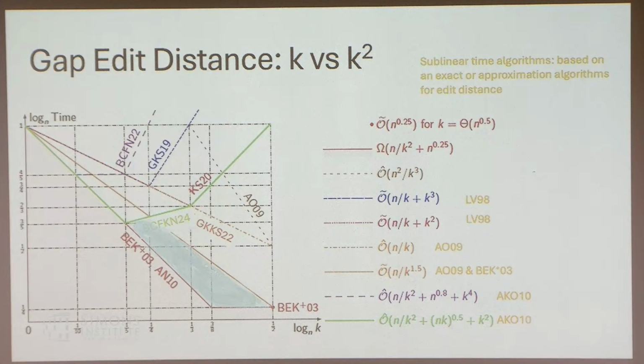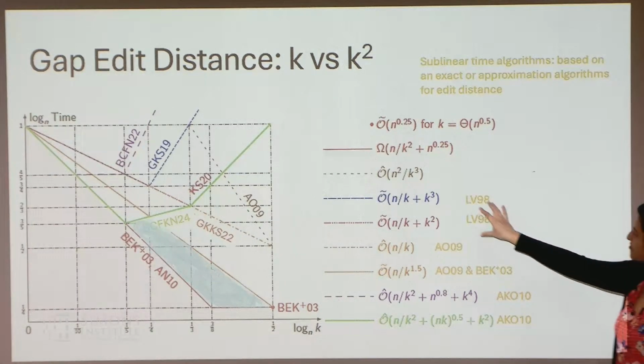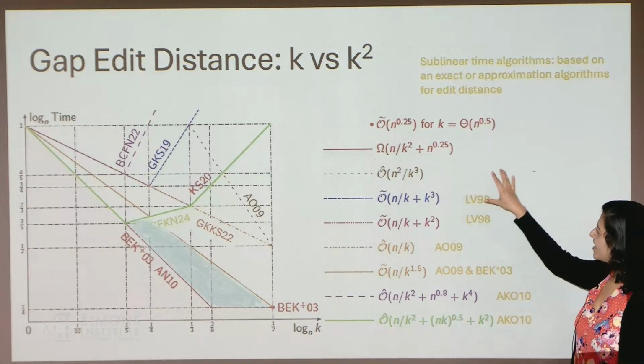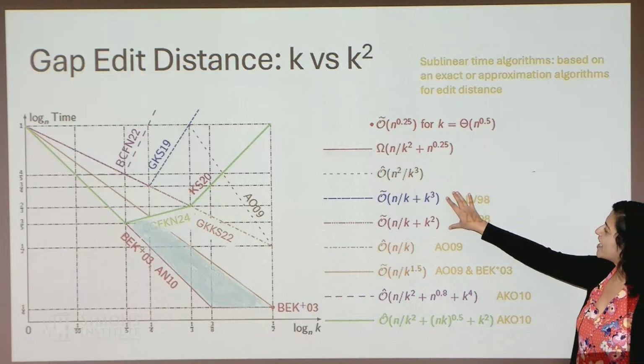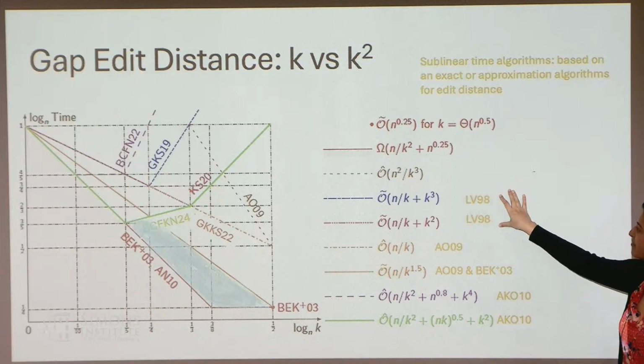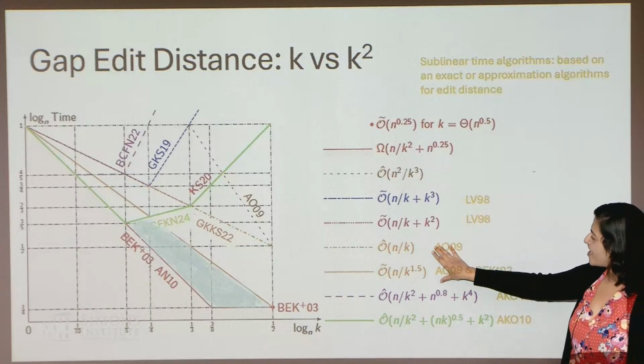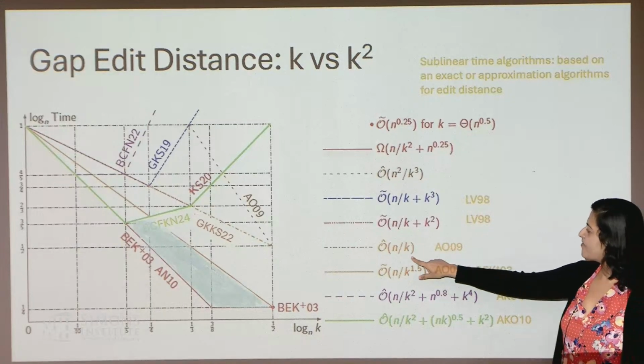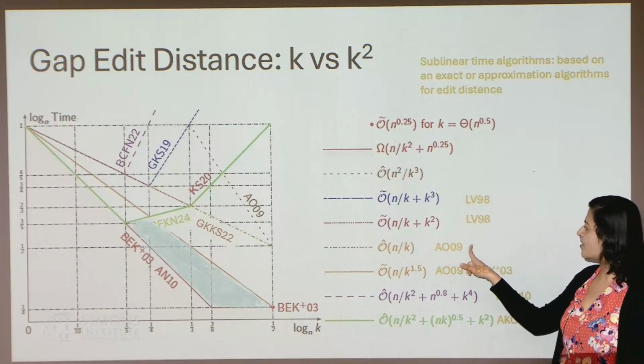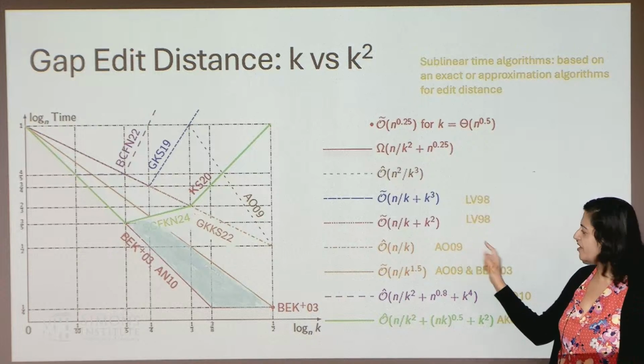Each of these sublinear algorithms was motivated by and borrowed techniques from the development that happened in approximating edit distance. Our first two results from 2019 and 2020, the ideas came from the exact algorithm by Landau-Vishkin from 1998. Our non-adaptive results of n over k, the ideas came from Andoni and Onak's 2009 paper.